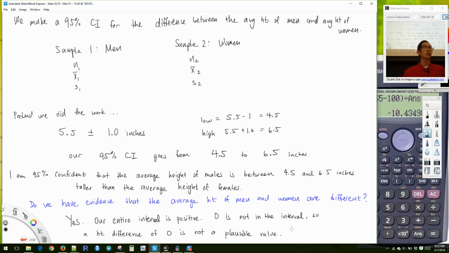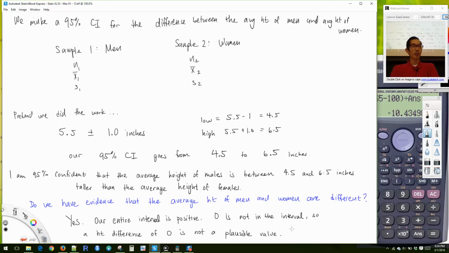Okay. On the other hand, if we did something like, make a 95% confidence interval for the difference between the average IQ of men and women, okay? The average IQ of men and the average IQ of women, and we did a 95% confidence interval for the difference between those numbers, what would we find? Maybe it would go between -5 to +5, okay?